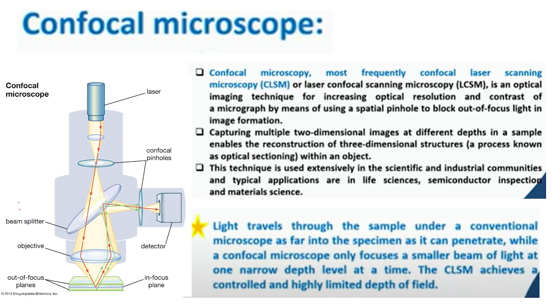For example, this is my region of interest, so from each point I'm getting the signal in that way. In that way I'm scanning it from each and every point. So this is basically not a continuous line.